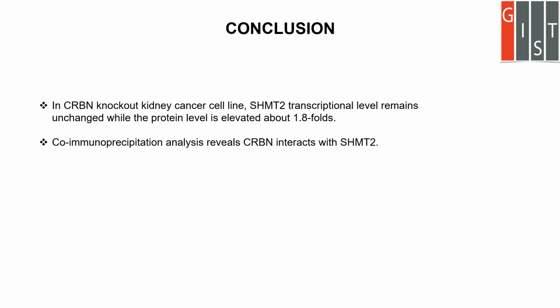To conclude, in the CRBN knockout kidney cancer cell line, SHMT2 transcriptional level remains unchanged, while the protein level is elevated about 1.8 folds. Co-immunoprecipitation analysis reveals CRBN interacts with SHMT2.